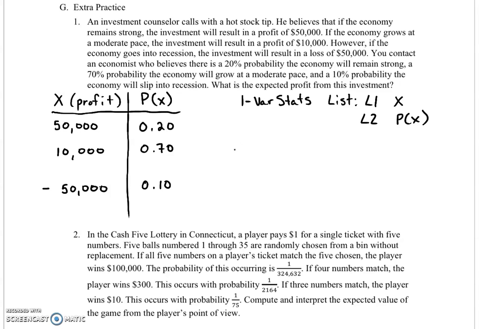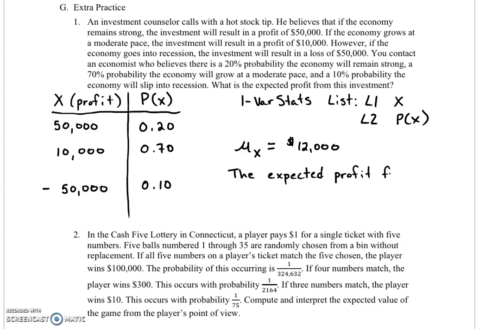And so we come up with the mean of this random variable probability distribution is $12,000. So the expected profit from this investment is $12,000.